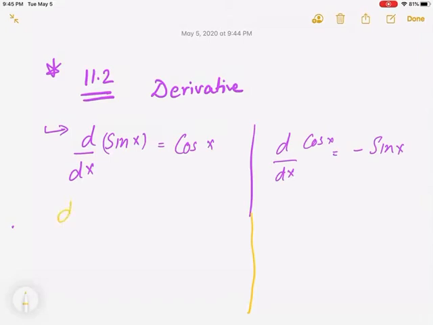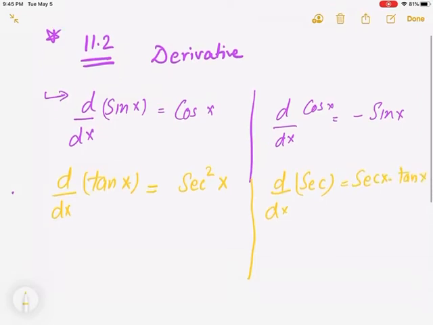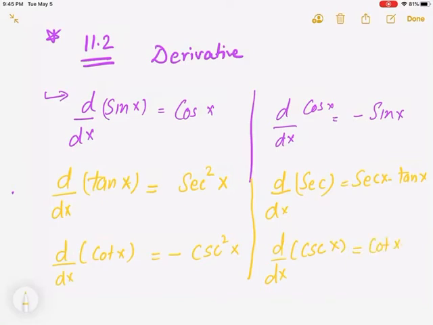Next one, I'm using school colors, huh? The derivative of tangent is secant squared. The derivative of secant is secant tangent. Next, the derivative of cotangent is negative cosecant squared, and the derivative of cosecant is equal to negative cosecant cotangent.